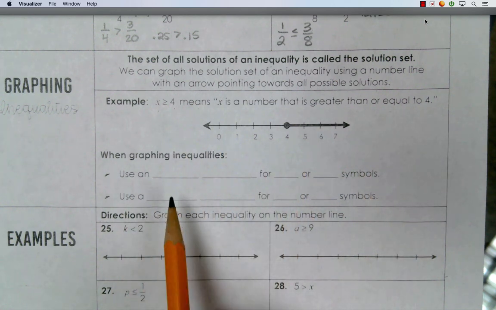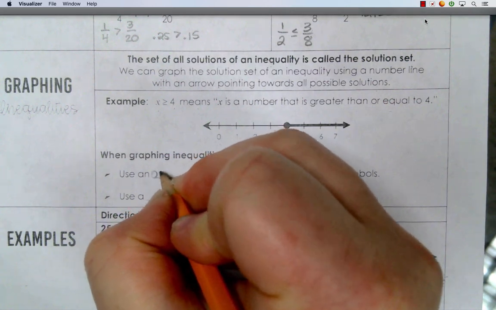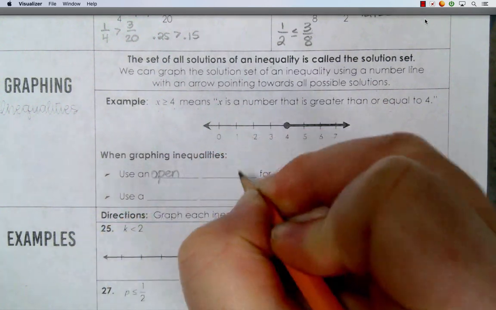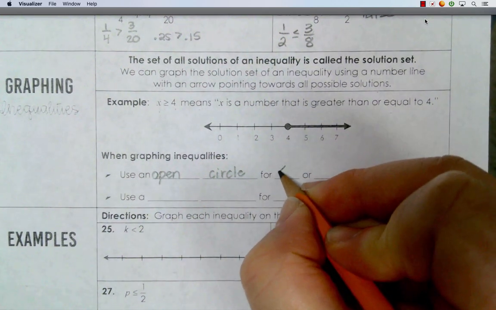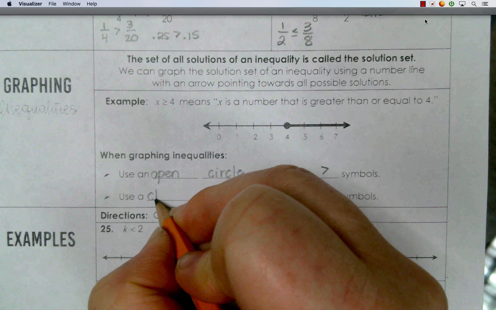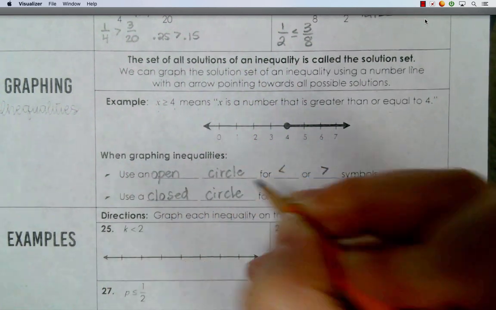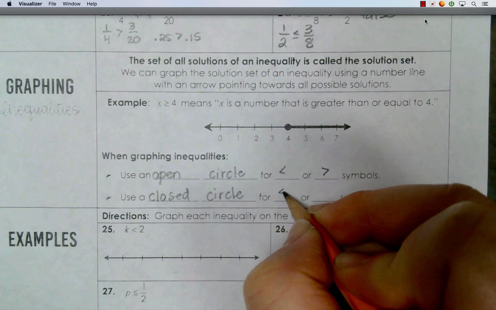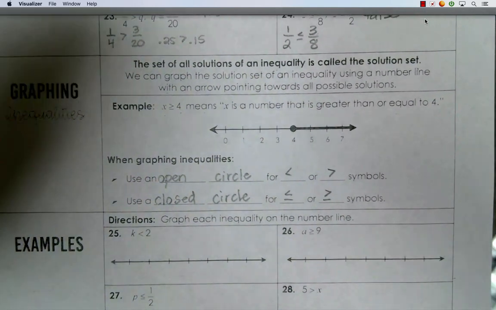So when graphing inequality, use an open circle for less than or greater than, and then use a closed circle for less than or equal to or greater than or equal to, okay?